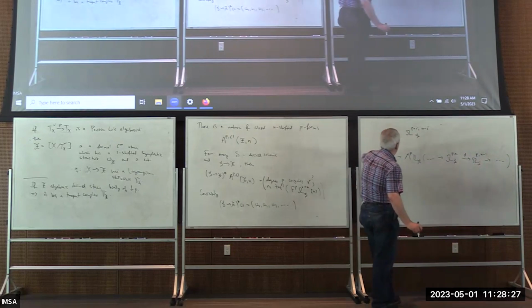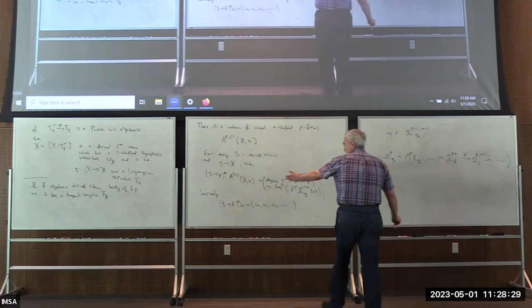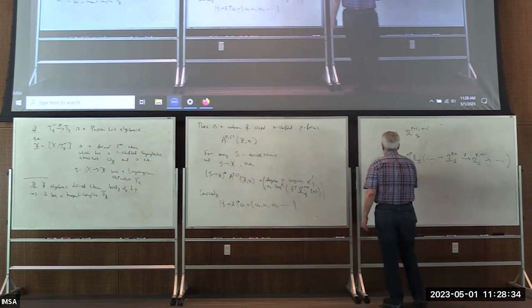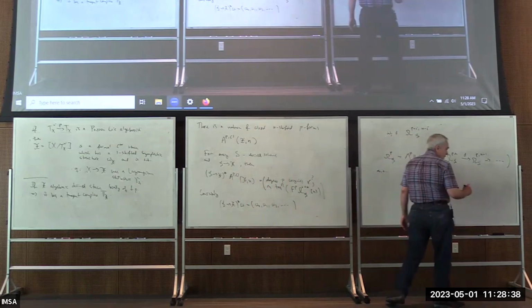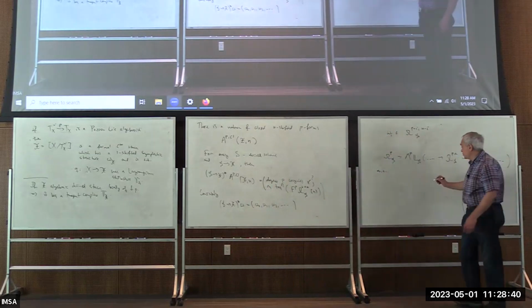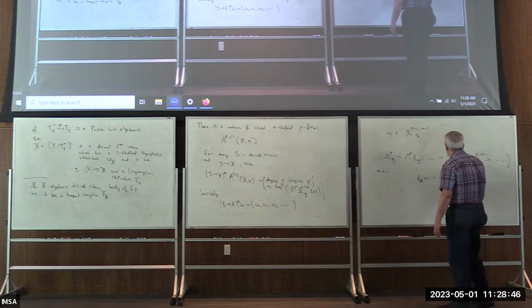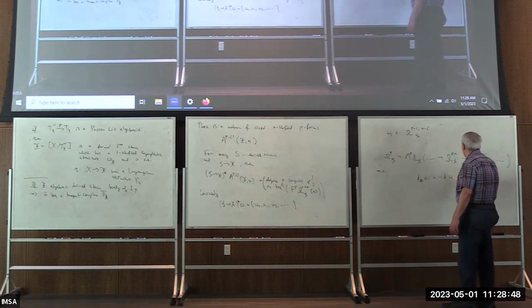So you get all these pieces, and it's just the cocycle condition for the double complex. So these have to be such that the de Rham differential of the form omega i is minus the internal differential of the form omega i plus 1.